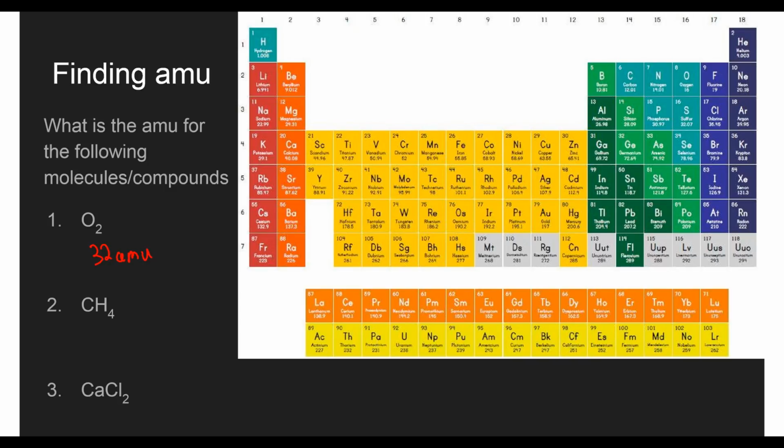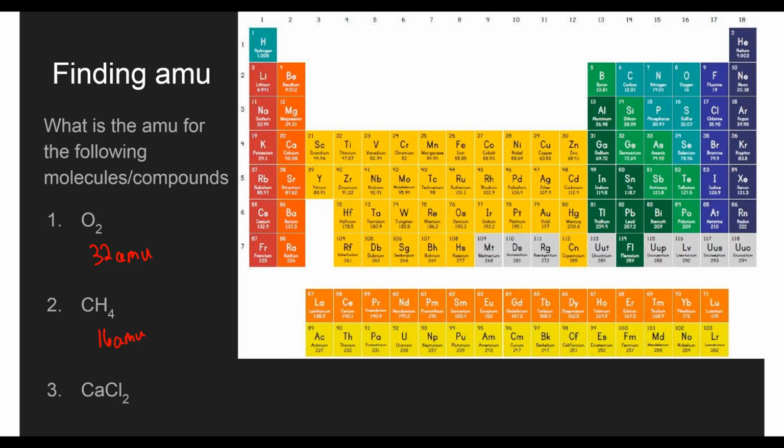As we move right along, if we have calcium chloride, CaCl2, we can find calcium over here, and that's 40.08, which we can call 40 if we want. Then we have Cl, which is 35.45, so it's important to leave that there.